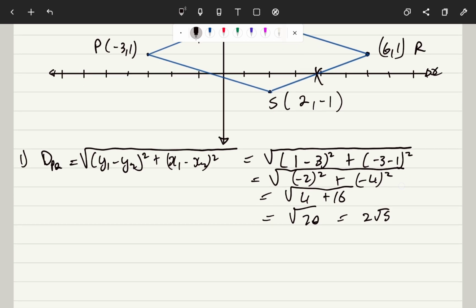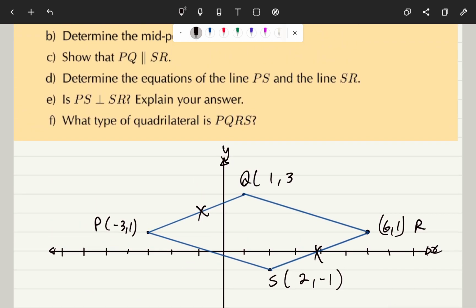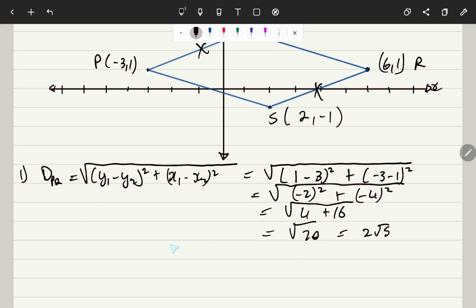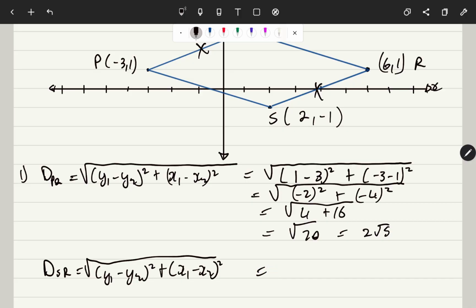Now the distance for RS, or SR. So the formula first, then substitution.